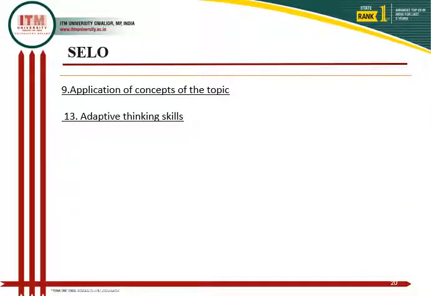The student effective learning outcomes of this topic are the application of the concepts required for the refining process of crude oil, and the adaptive thinking skills to understand all about the chemistry of the hydrocarbons. So these are the two important learning outcomes of this lecture.